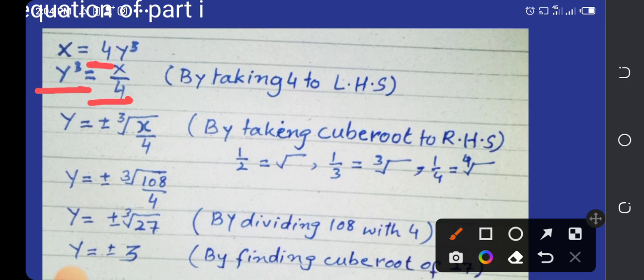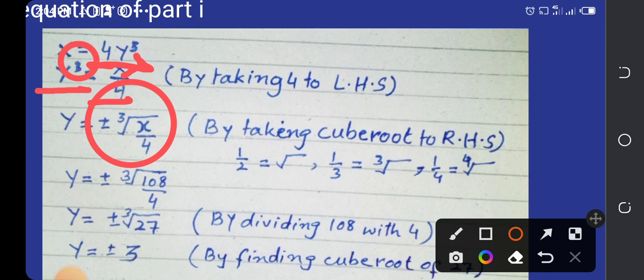The exponent here on y is 3. You can call this the exponent, or the index, or the power of y. So it's y cubed. We will take this power to the right hand side. By taking this power to the right hand side, this will become plus minus, and x upon 4 will come under the cube root.